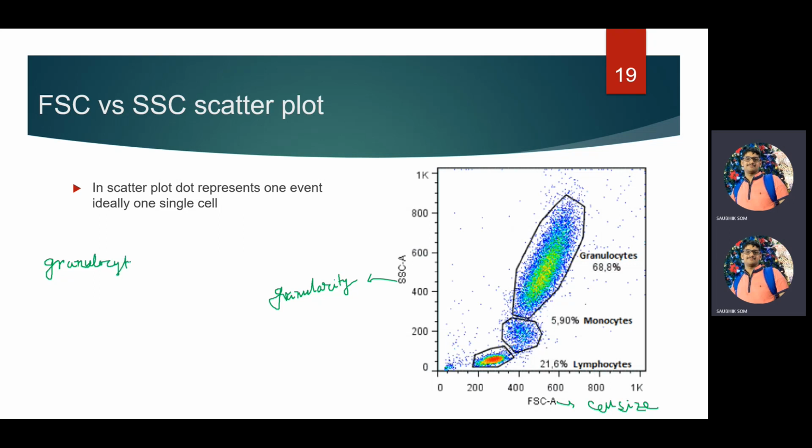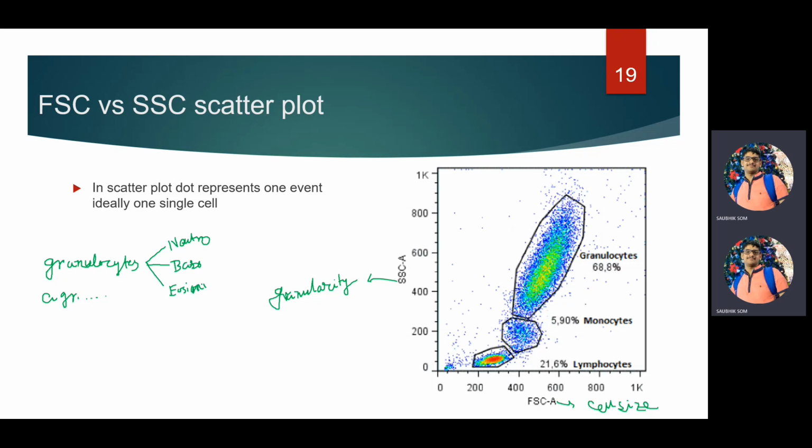Granulocytes and agranulocytes. Granulocytes are neutrophil, basophil, and eosinophil.